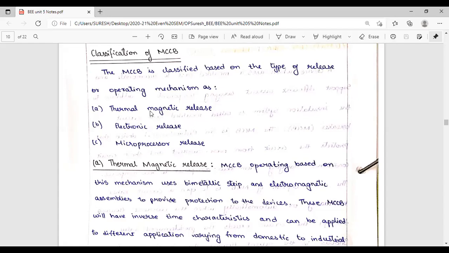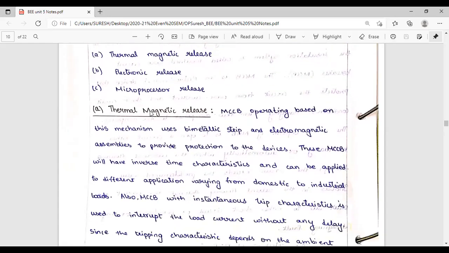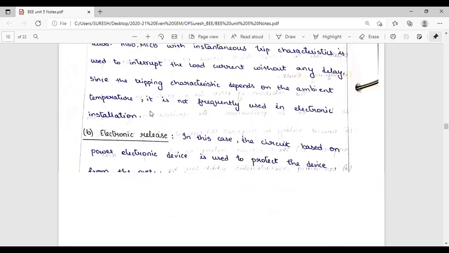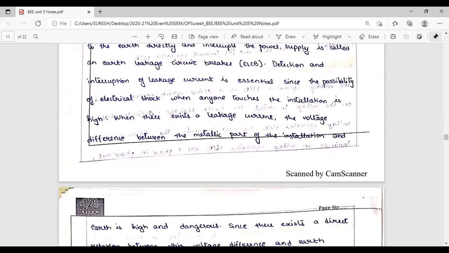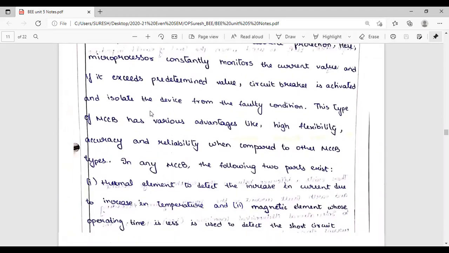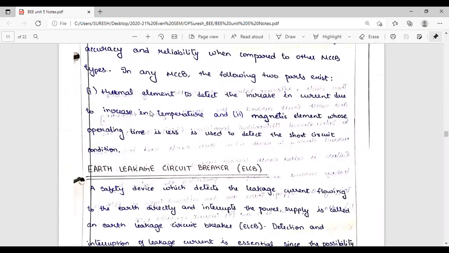You should know what MCCB is and how it is operated. These three: thermal magnetic, electronic release, microprocessor release. Okay. That's all about the MCCB. If you have any doubt, you can ask me about MCCB. It is nothing but the MCB only, but an advanced version of MCB.